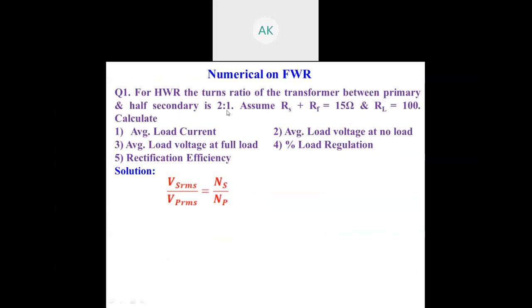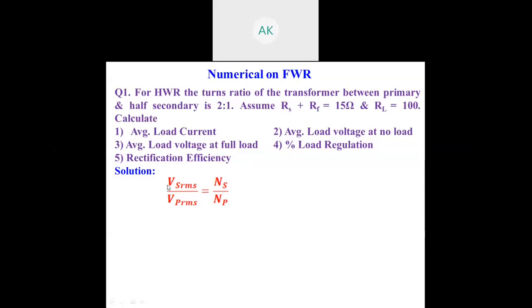So guys, here the turn ratio is provided from the primary to the upper half of the secondary. We know the relation between the primary voltage and the primary turn ratio: both are directly proportional. So the transformer secondary voltage is directly proportional to the transformer secondary turn ratio, and the transformer primary voltage is directly proportional to the transformer primary turn ratio.